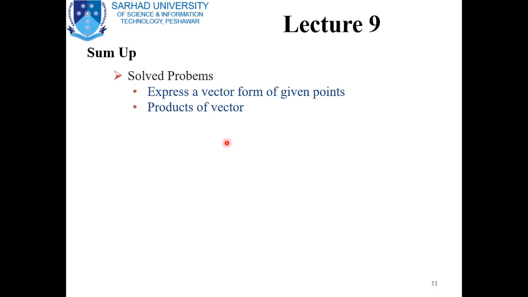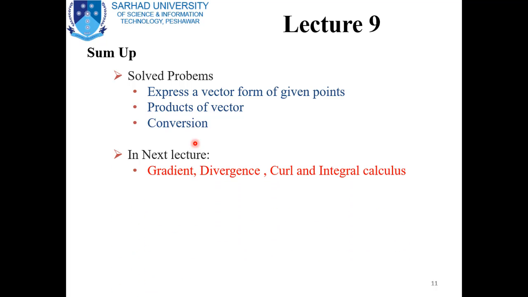We have even studied the scalar and vector triple products, and finally we converted the Cartesian coordinates of a vector into spherical coordinates. And in the next lecture we will discuss the gradient, divergence, and curl along with the integral calculus.